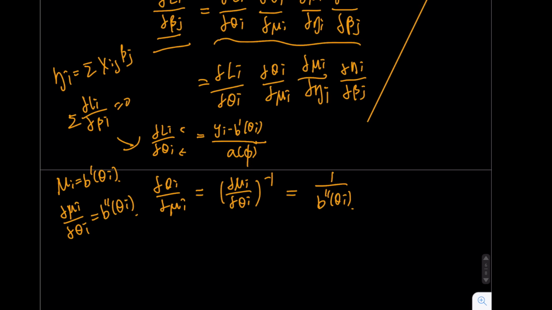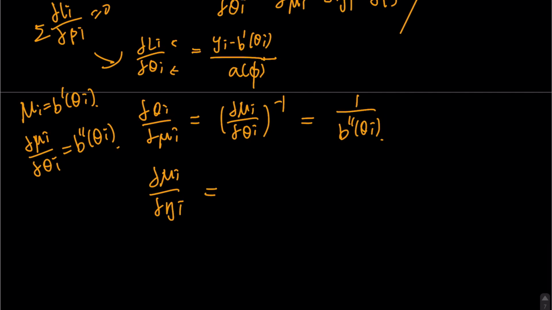Okay? And then the third part is d mu i d eta i. What do we know about this part? Well, we know that g of mu i is equal to eta i. So mu i is equal to g inverse of eta i.